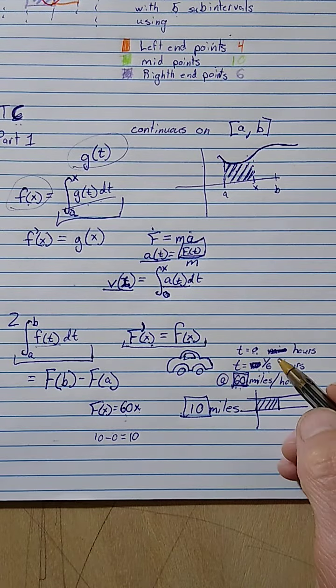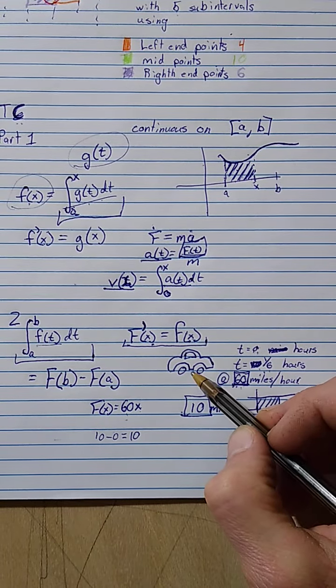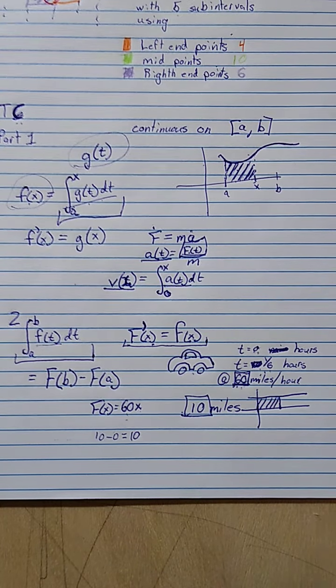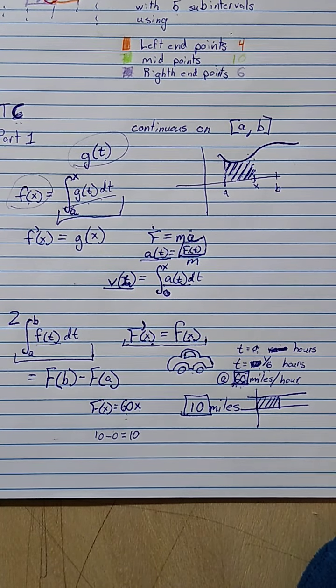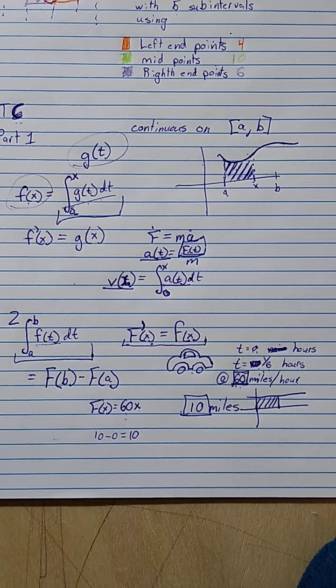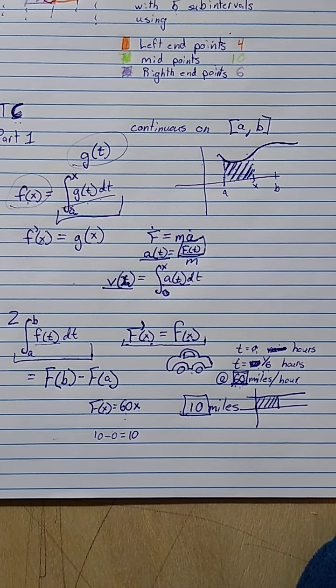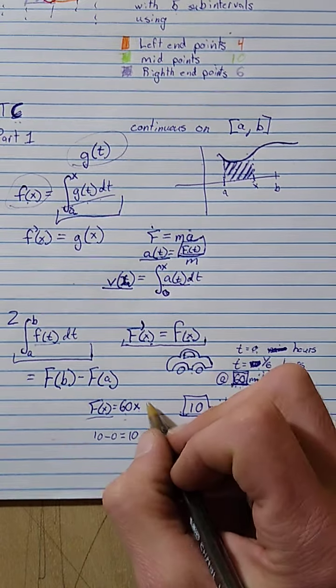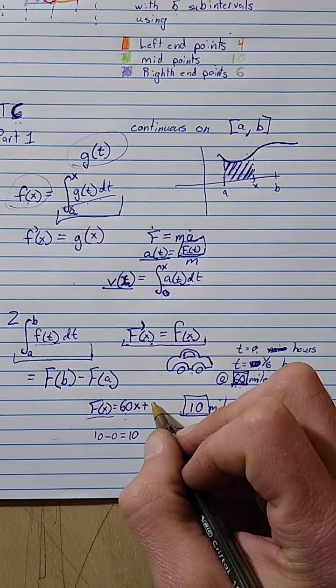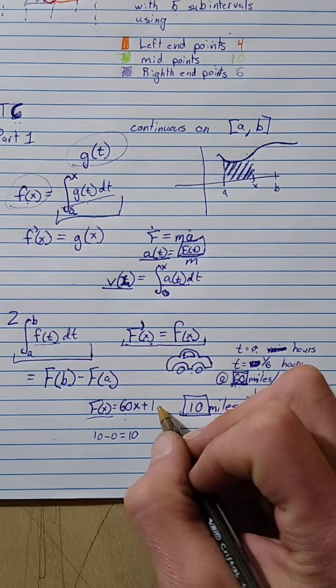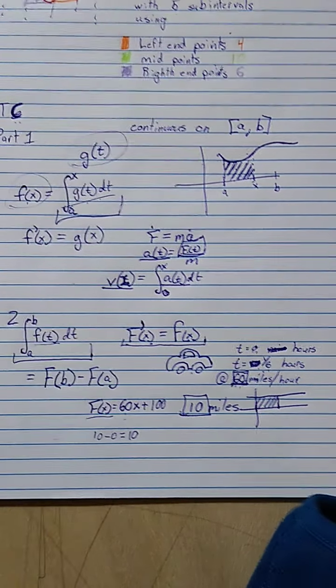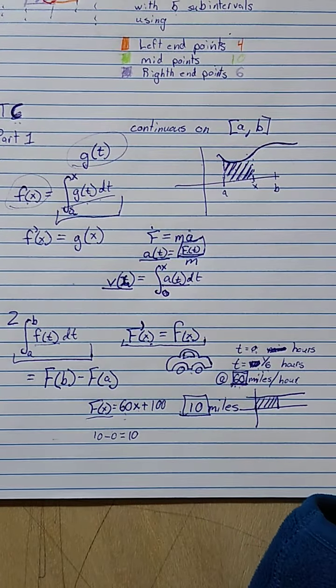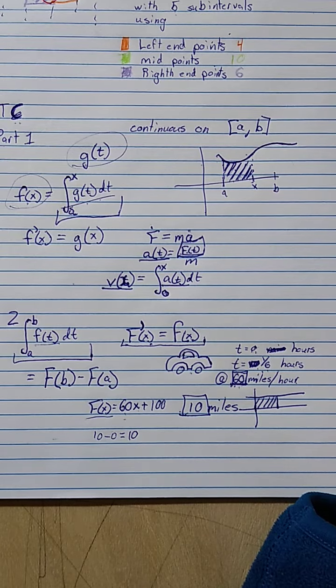But notice here, I didn't have to say at all whether the car was starting in Denver or starting in New York City. Maybe I don't even actually have to use this f of x. This f of x could be that the car was actually starting at 100 miles an hour and it went 60 miles an hour faster.